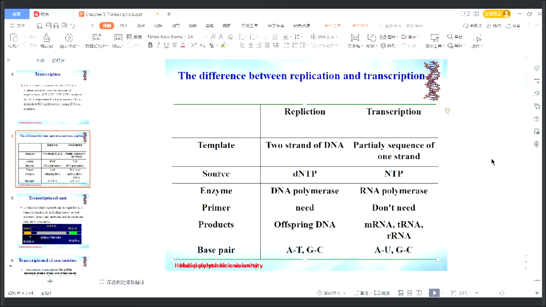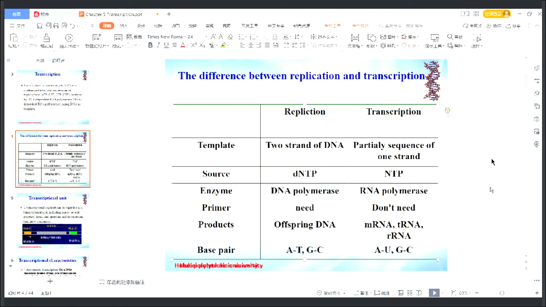And the sources used to synthesize DNA and RNA are different. This you studied in school, you know it. And another thing is the enzyme is different.